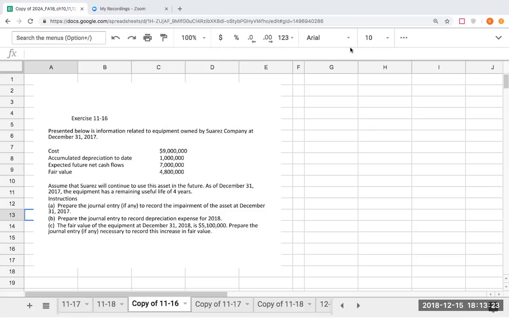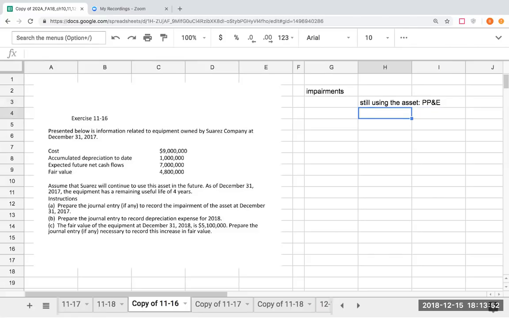Today I'm featuring some exercises from the Kieso and Weygandt Wiley textbook, and this relates to asset impairments. When we're looking at asset impairments, we need to look at a few different things. Are we still using the asset? This is essentially classified as property, plant, and equipment.